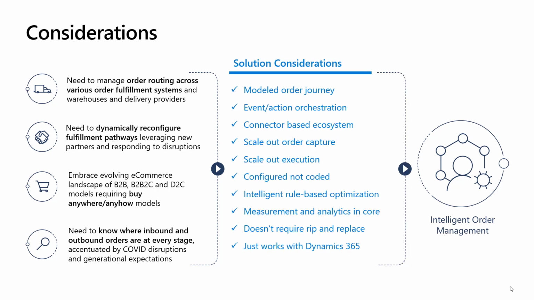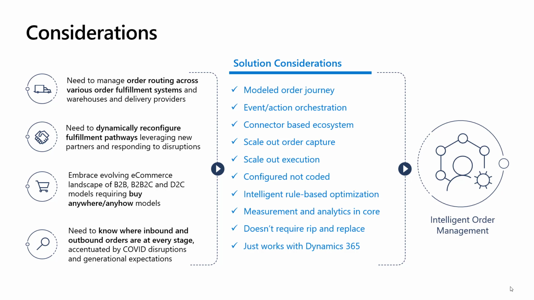Some of the solution considerations that we looked at in building the capabilities were that we needed to model the order journey, we needed to have events to drive that order journey, we needed to have connectors to connect different systems within the customer's ecosystem, and scale out to support high volume order transactions. We wanted to have it configured and not coded, so we have a low code, no code environment for customers to work with.